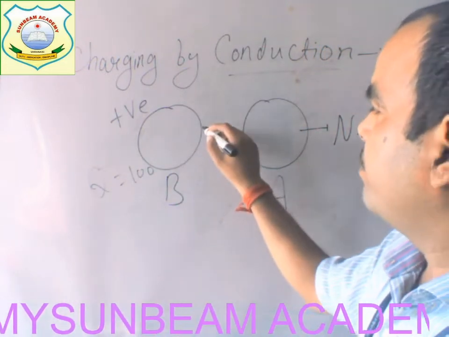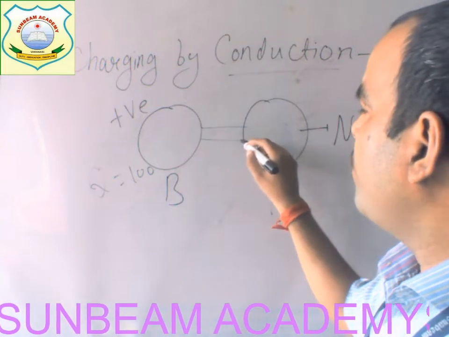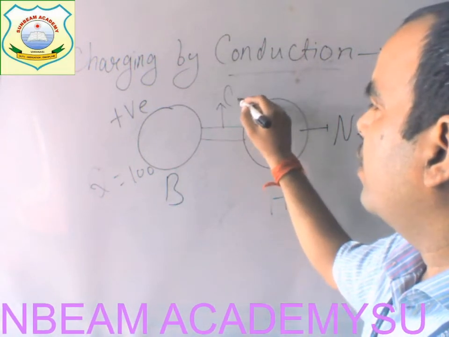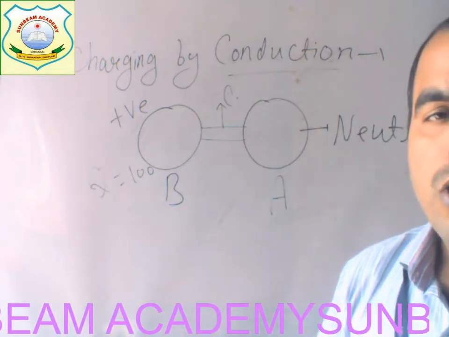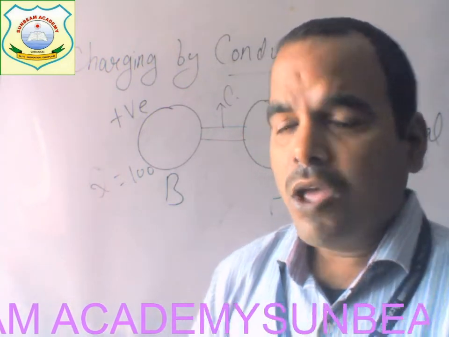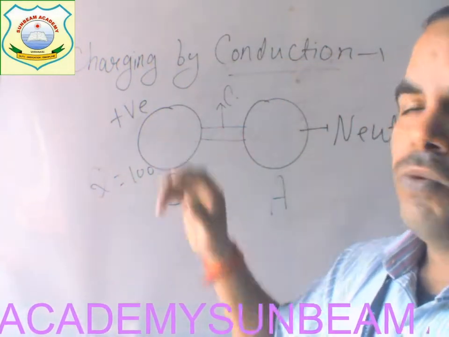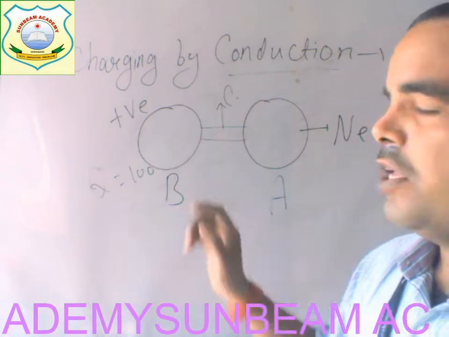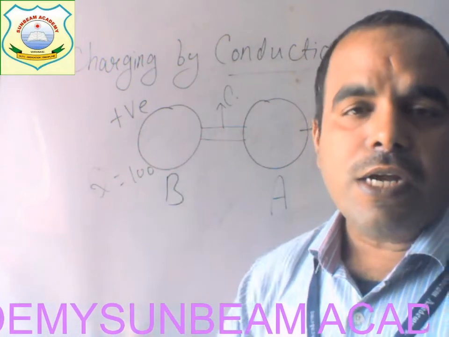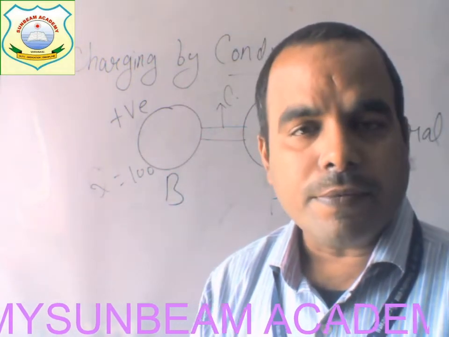and we connect them with the help of any conductor. Whenever we connect these two, A and B, with a conductor, what will happen?